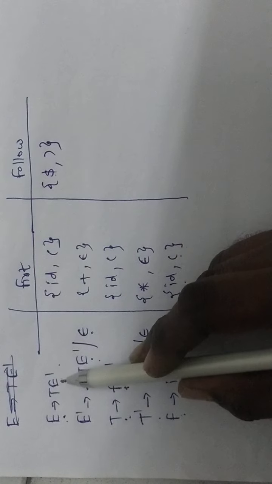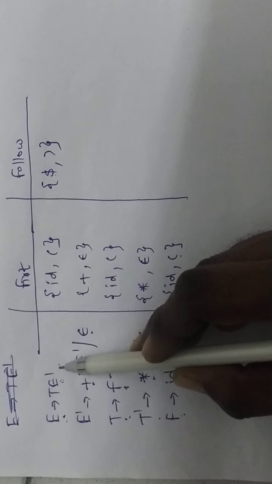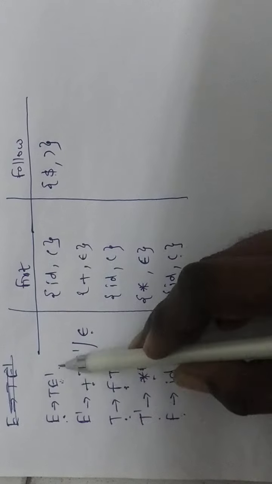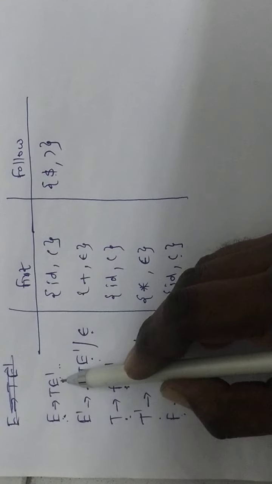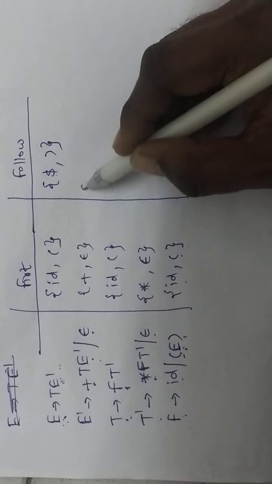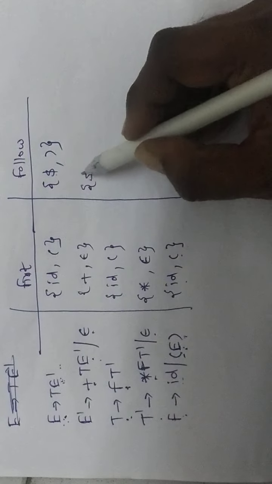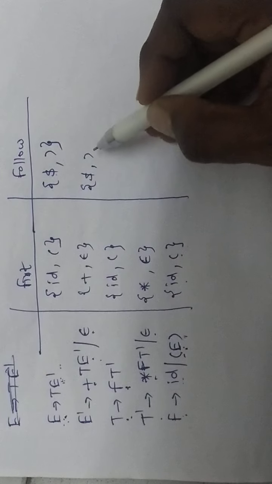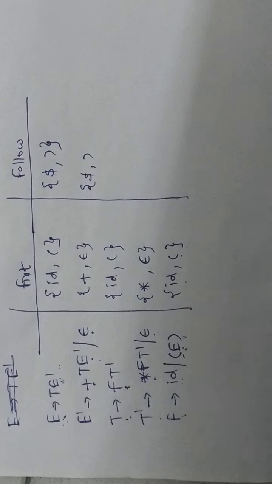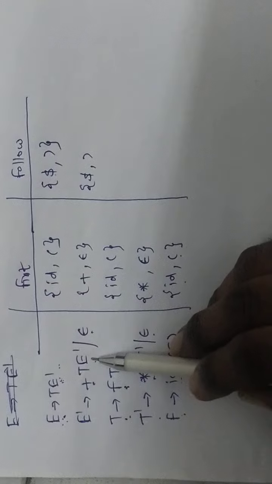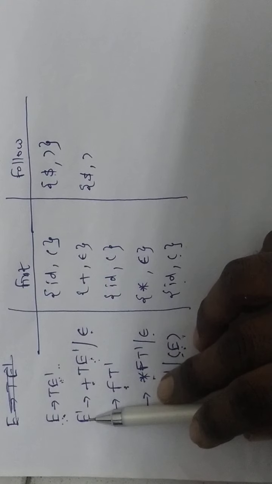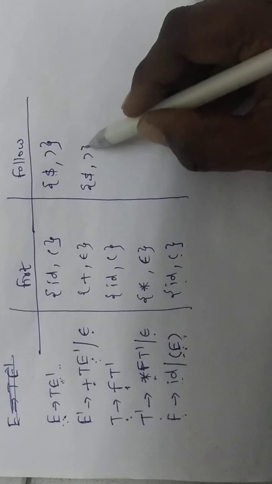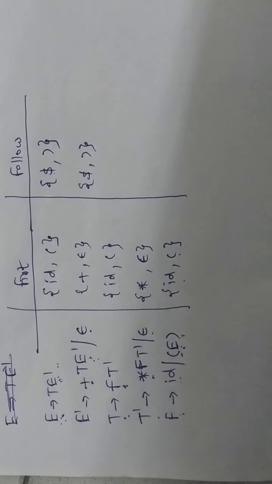If E dash is the last symbol in the right hand side, the follow of E dash will be follow of E. What is follow of E? $ and closed bracket. Also here, E dash is the last symbol, after E dash nothing is there, so the follow of E dash will be follow of E dash itself, which is $ and the closed bracket.